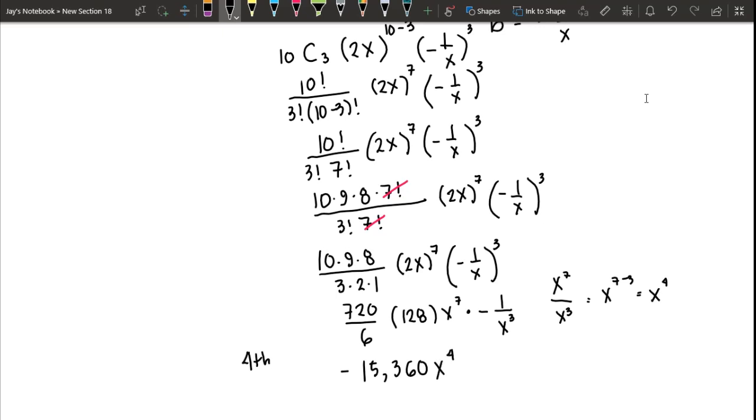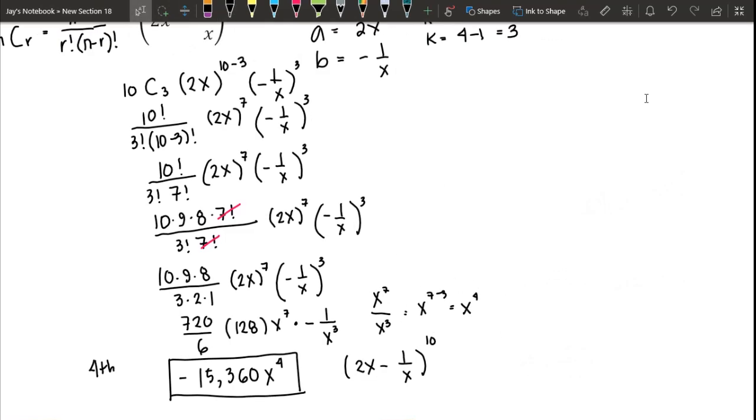So this is now our answer. Again, this is the 4th term of the binomial expression 2x minus 1 over x raised to the 10th power. So imagine the time that you save by using the formula instead of simplifying it manually.